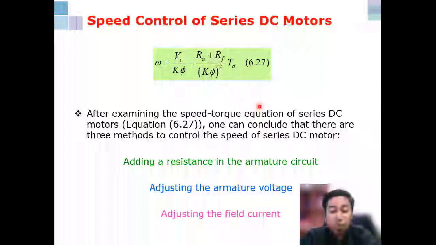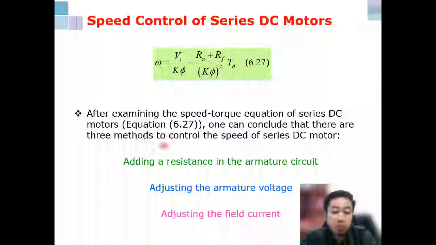The DC motor has a lot of equations, but if you are strong in the basics, I think you are very solid to face the final exam or test.